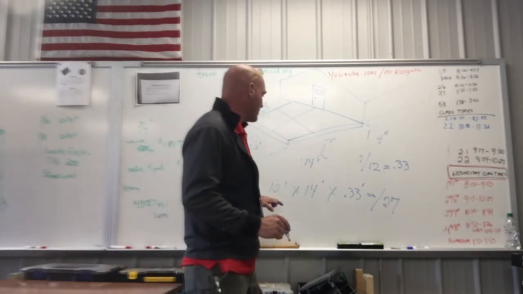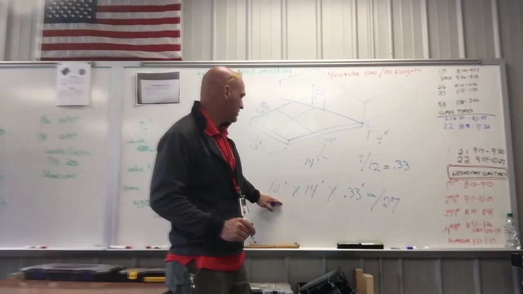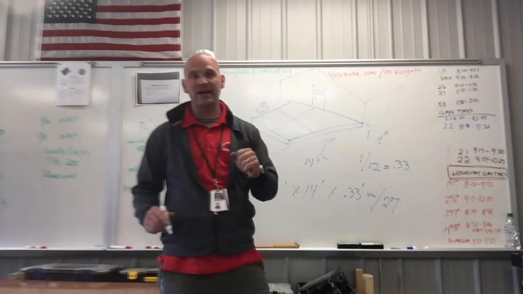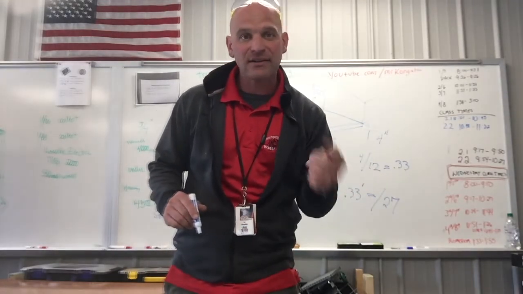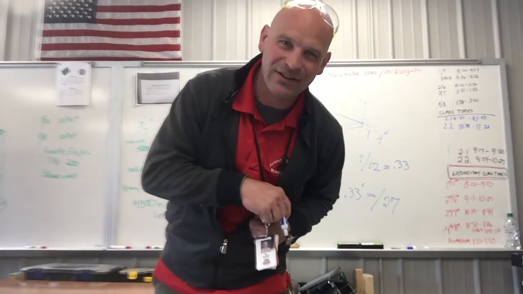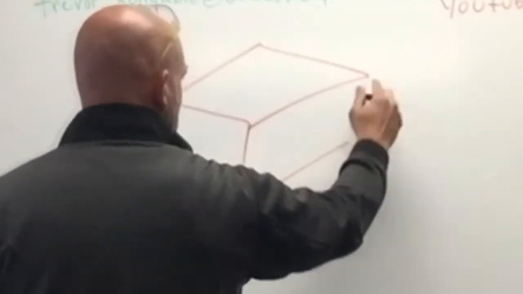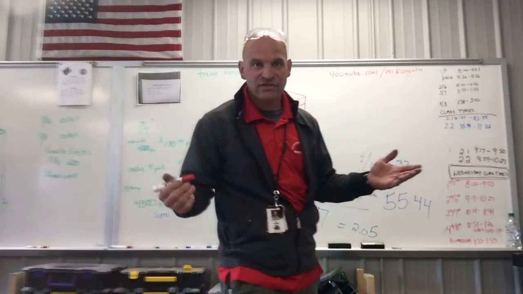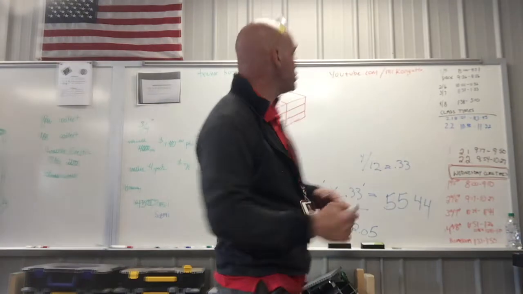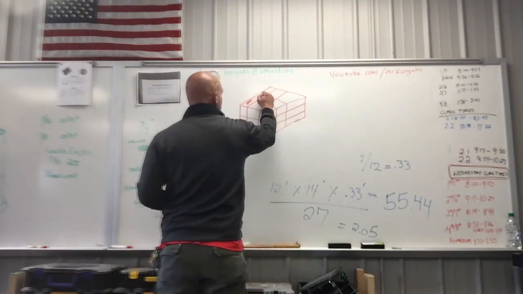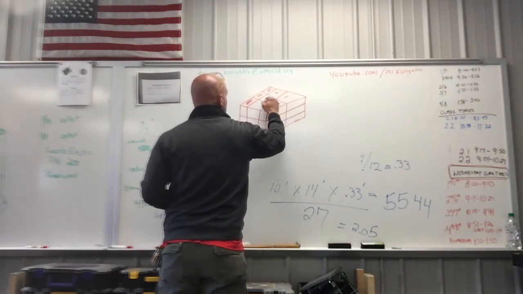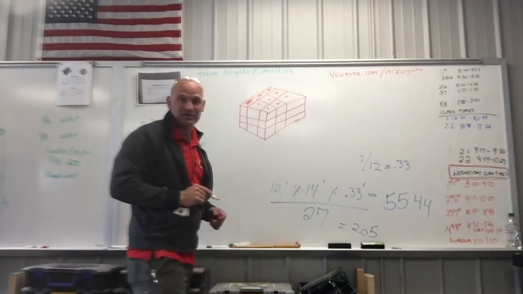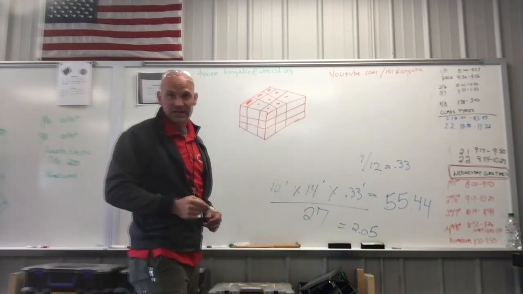So we have length times width times thickness divided by 27. Why 27, you ask? I'm glad you asked that. Let's look at that. All right, so we have a cube here that is 3 squares by 3 squares by 3 squares.